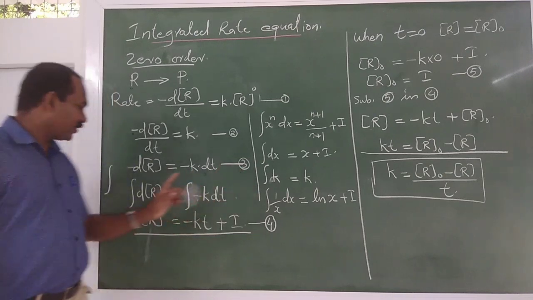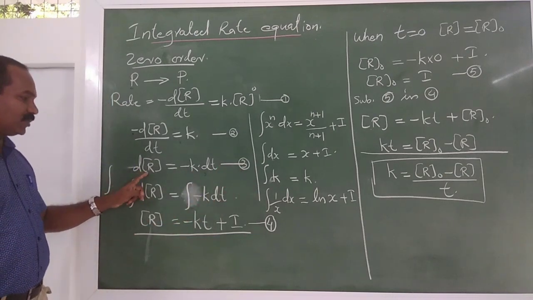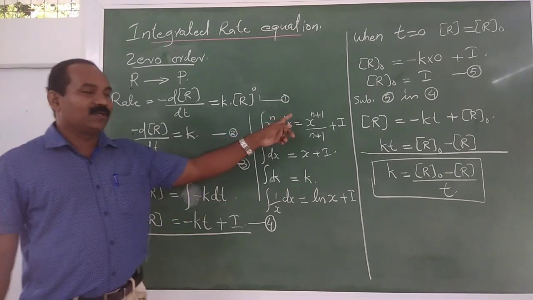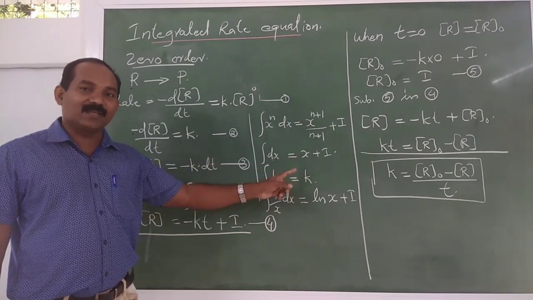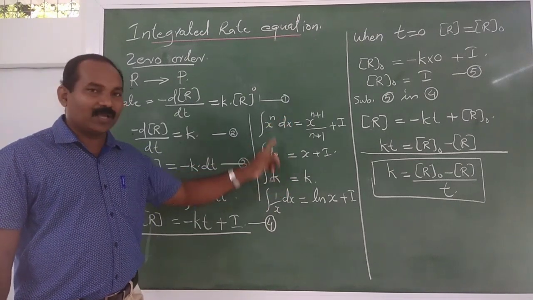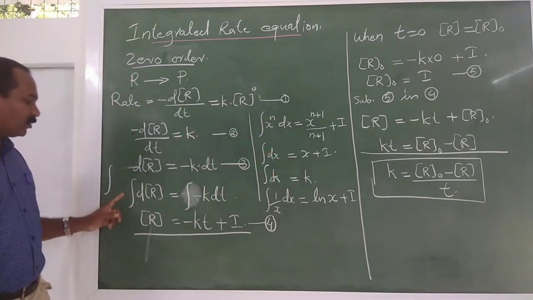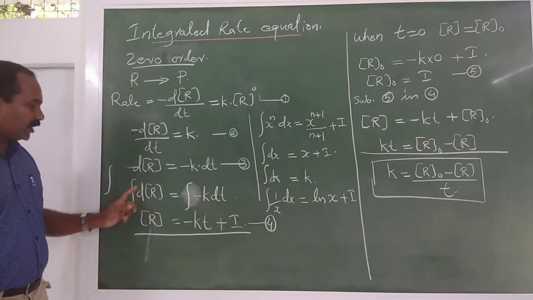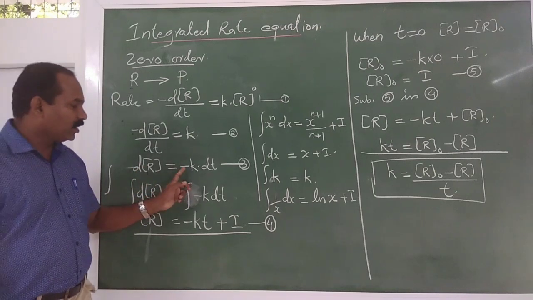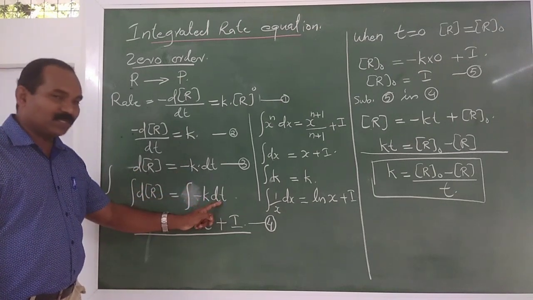This is equation number 3. Integrating the equation, you just remember these general integral equations and apply them. Integral d of concentration of R, integral minus k of dt.